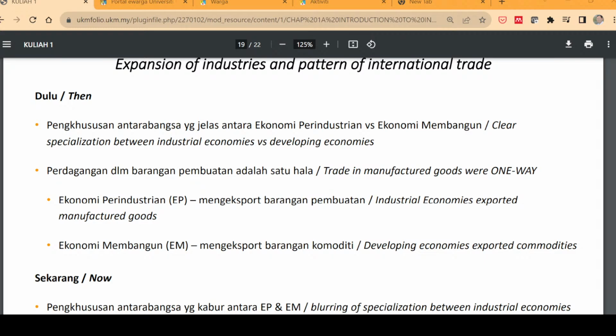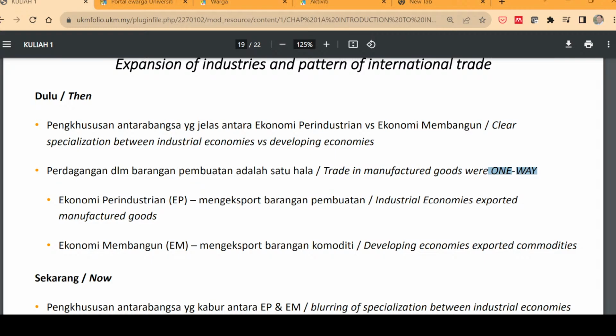So the pattern was this way. If you imagine the developed countries on the left and developing countries on the right, manufactured goods are on the top, and at the bottom are commodities coming from developing to developed. As far as manufactured goods, one way only, from developed going to developing countries.